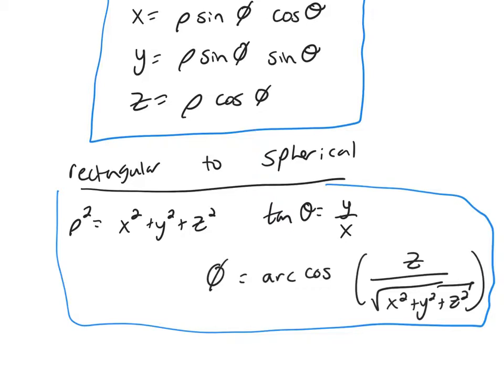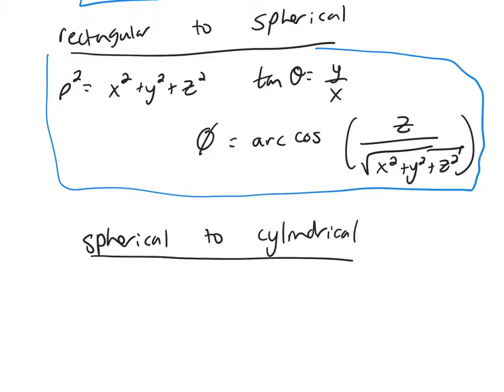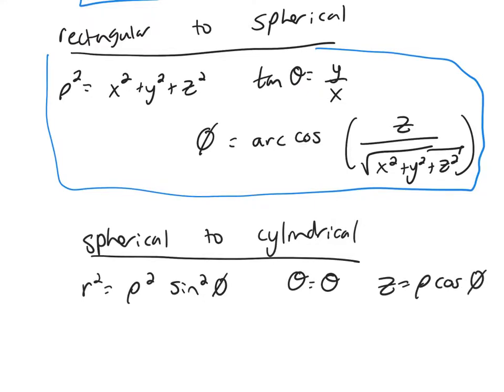Now what if I wanted to switch between spherical and cylindrical? I'll mention that real briefly. So from spherical to cylindrical, r squared would be rho squared sine squared phi. Theta would be the same in both, and z would be rho cosine phi.